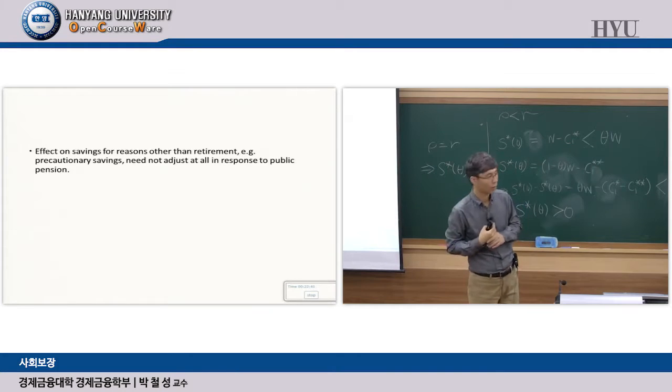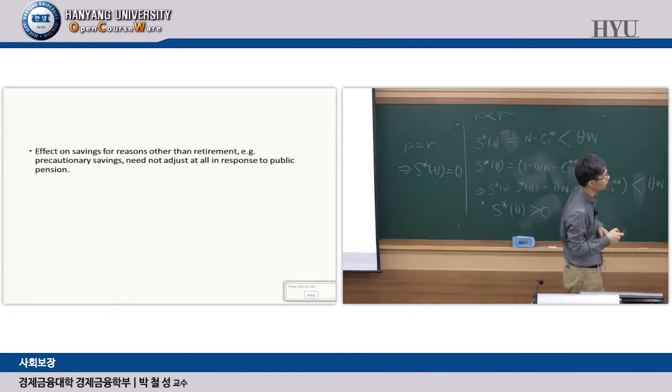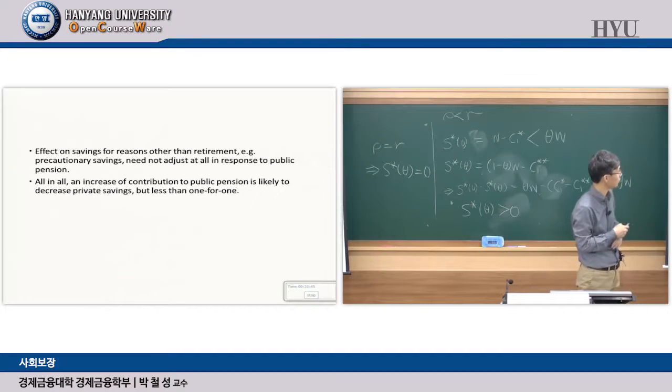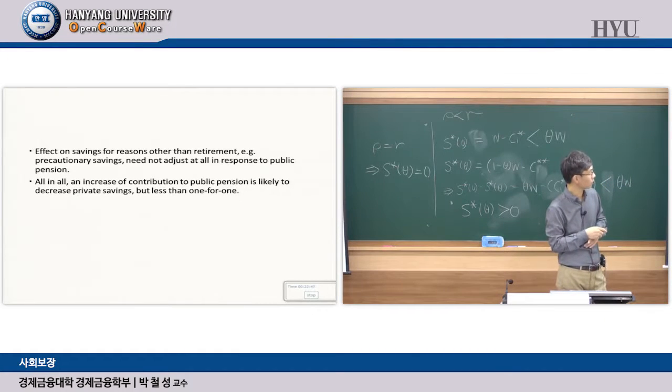So at the end, all in all, an increase of contribution to public pension is likely to decrease private savings, because savers will decrease their savings, and spenders also decrease savings, but not one-to-one, less than one-for-one.